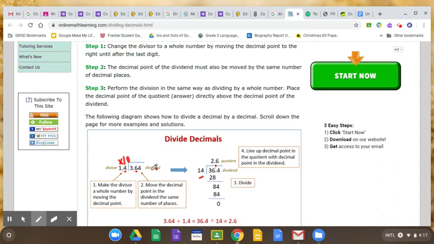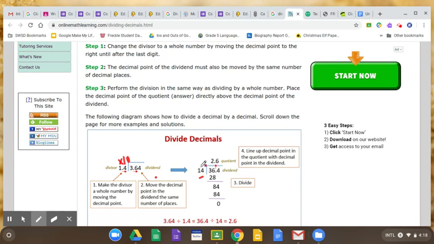So now that we've done that step, now we can actually solve the problem. So they've solved the problem here. It's okay for it to have a decimal in the dividend. You would just move the decimal point straight up to wherever the place value is, which is why it's really important to make sure that your numbers above the division problem stay where they need to go.